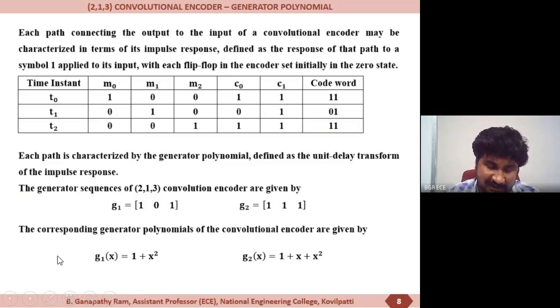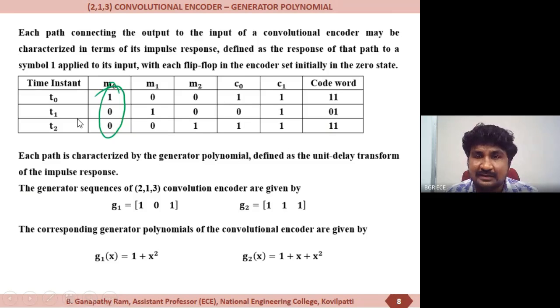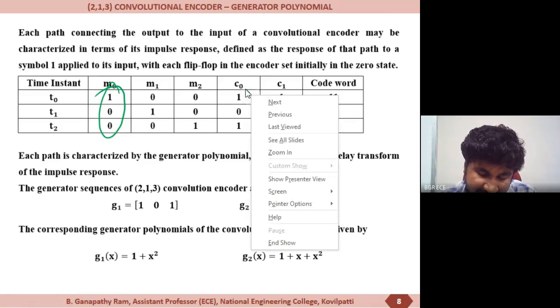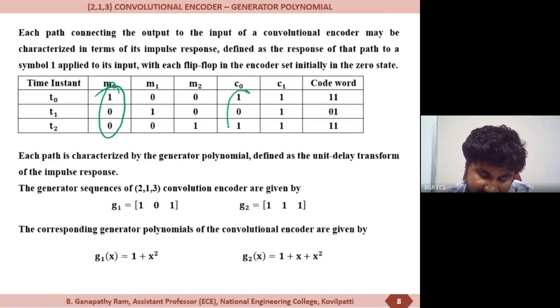While we apply an impulse input at the encoder, at the output, in code word bit C0, 1 0 1 is produced, and in code word C1, 1 1 1 is produced.